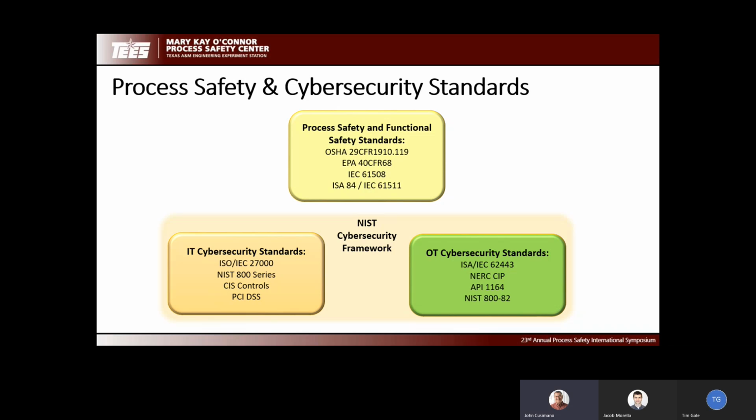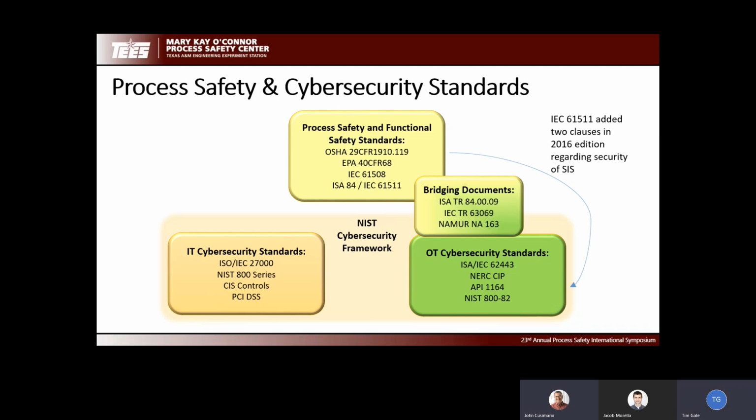The connection between the two, process safety and cybersecurity, has not been lost on industry experts and standards bodies. And that's where we're starting to see things like the two clauses that were added to the IEC 61511 back in 2016, talking about the security of safety instrumented systems and the importance of conducting a cyber risk assessment.